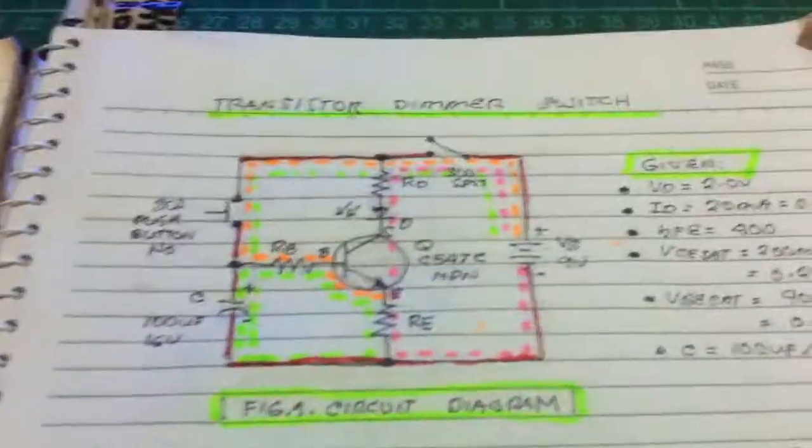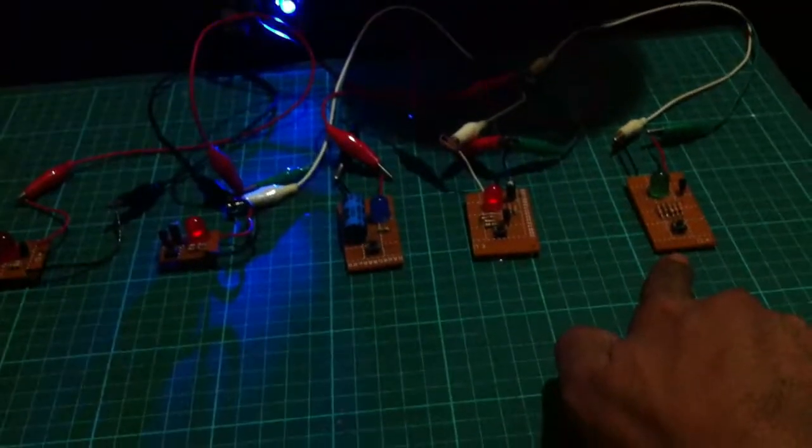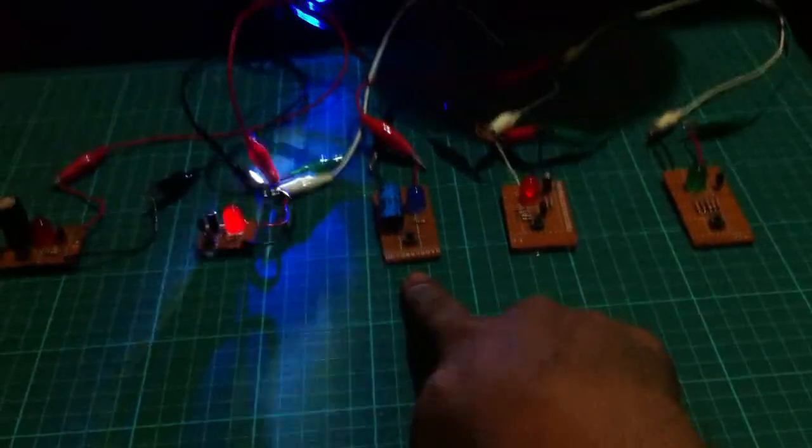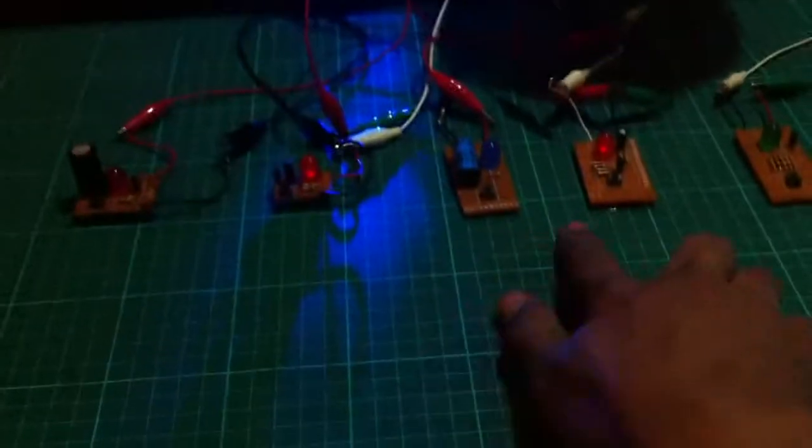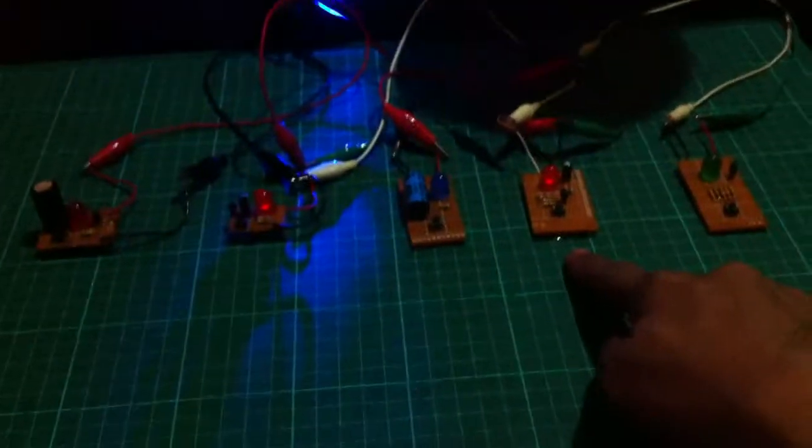So first, this is our new circuit, the transistor dimmer switch. And these three: buffer gate, capacitor dimmer switch, transistor timer switch, and this is our new transistor dimmer switch.